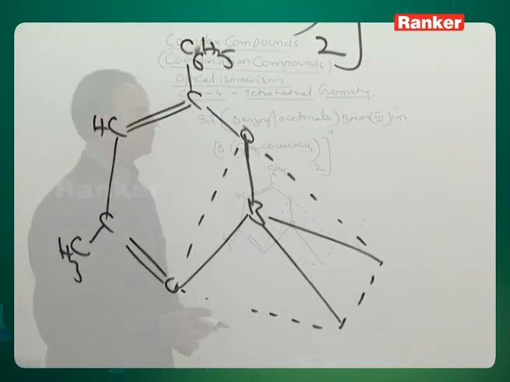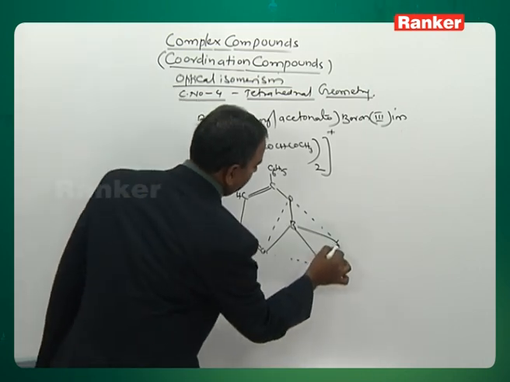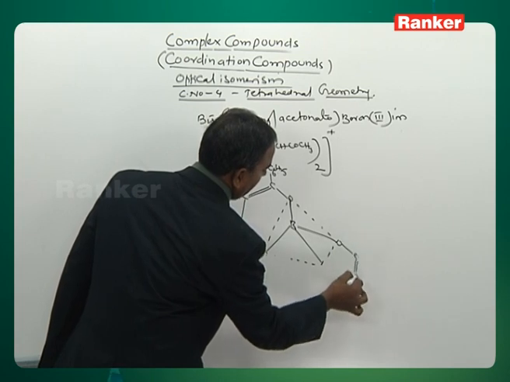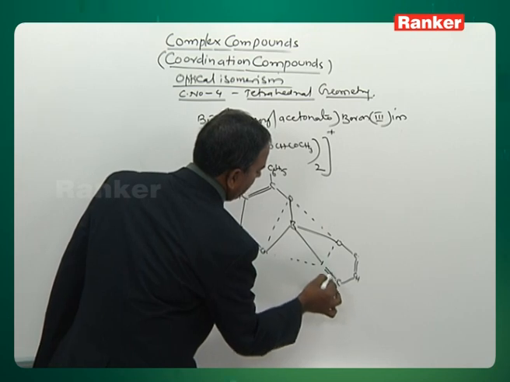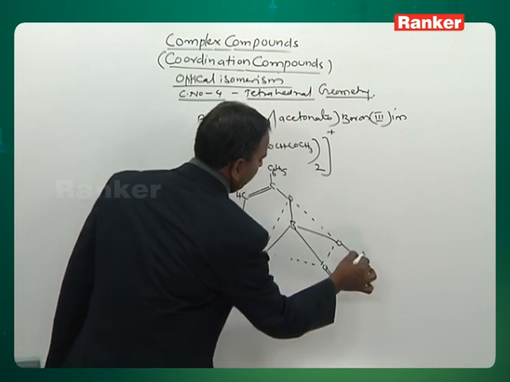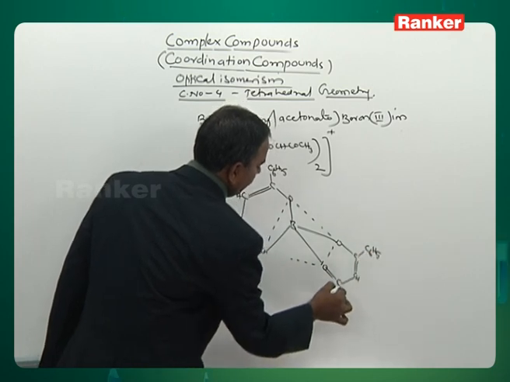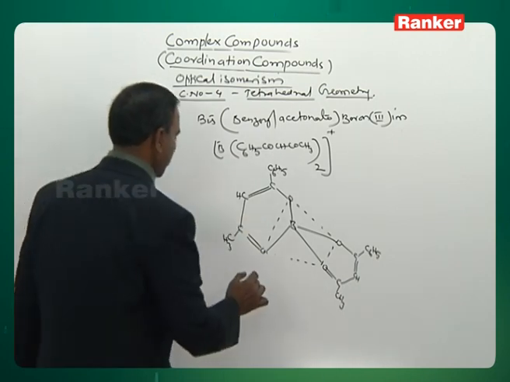One benzoyl. Next, one more I will link here. Then it is C double bond, CH single bond, and double bond. This is C6H5 and this is CH3. Let us consider this complex as the D isomer.